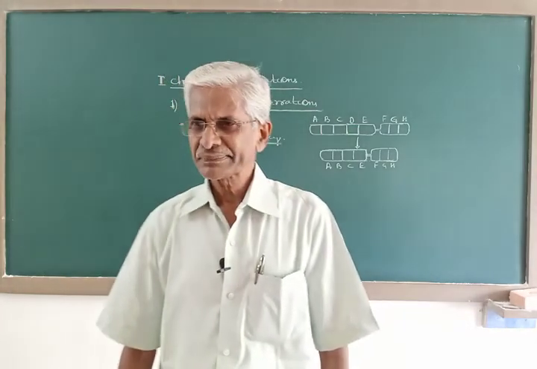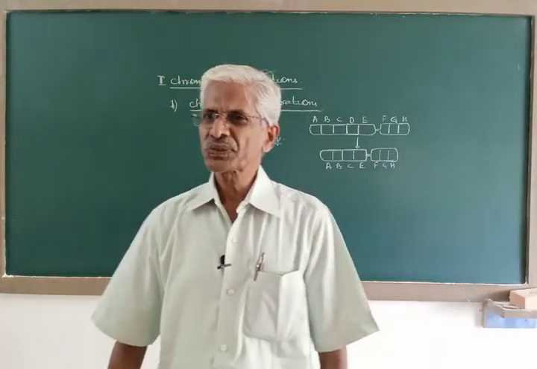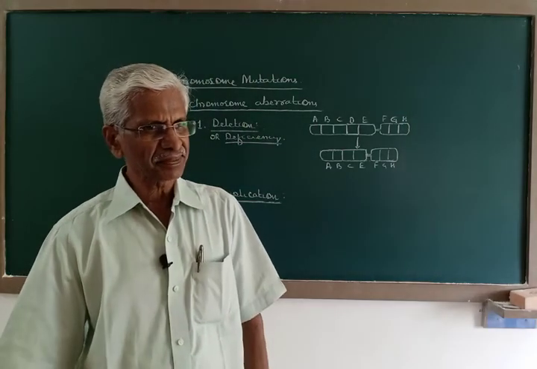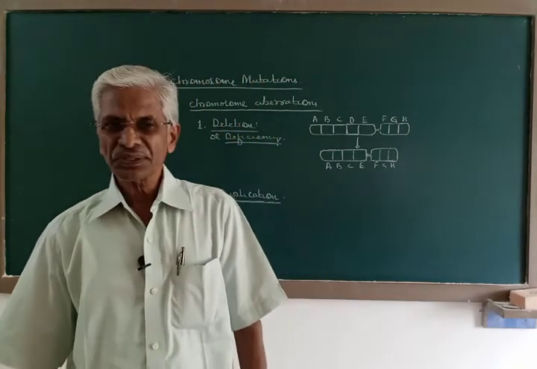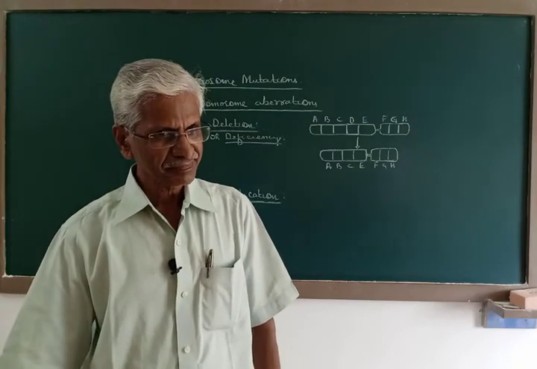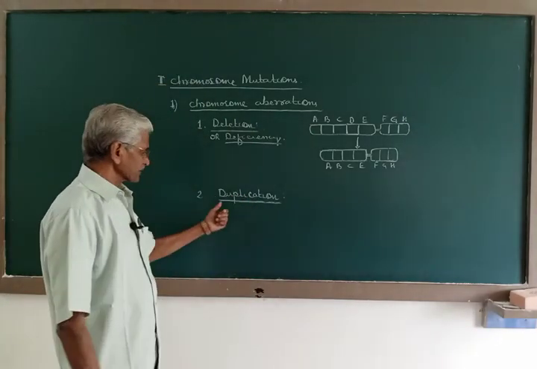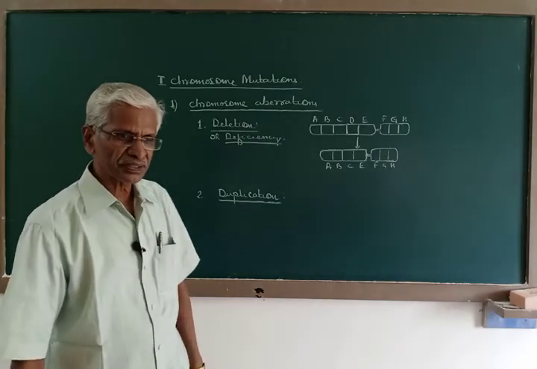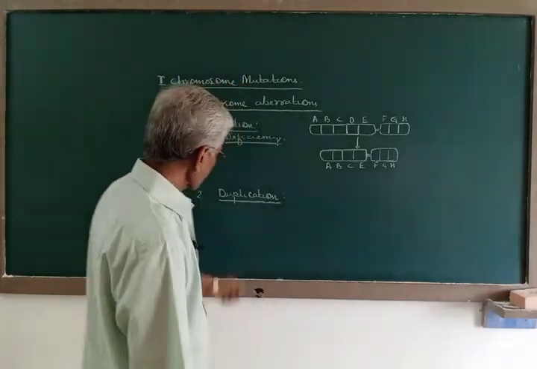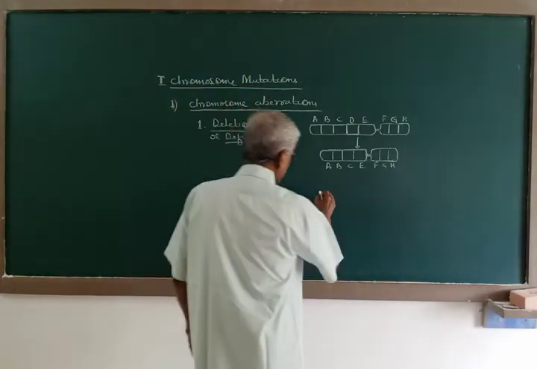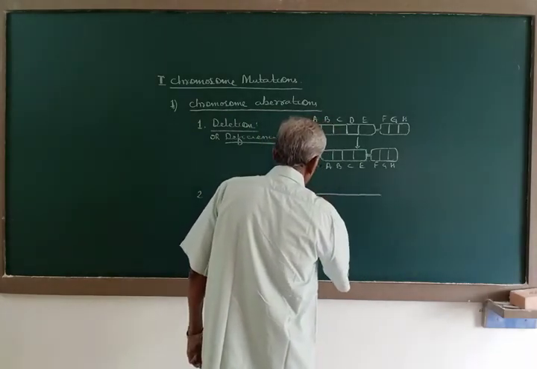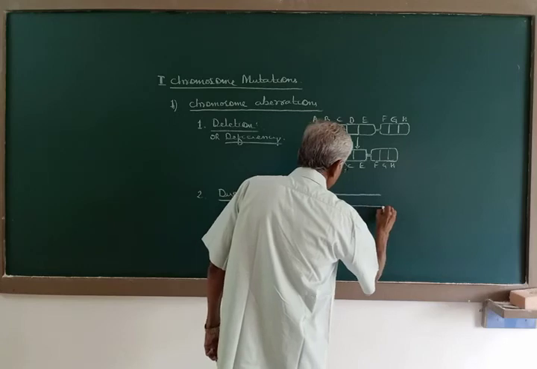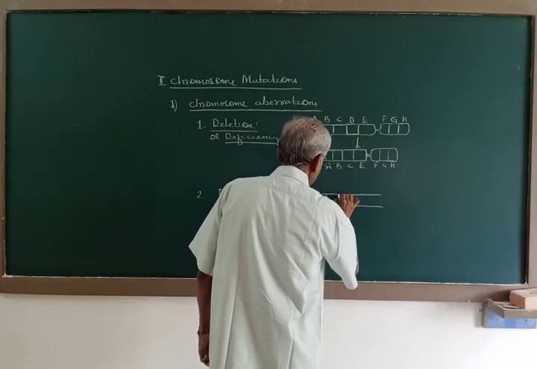So, as a result, the homologous chromosome which receives this segment will have duplication of the genes present there, and this type of aberration is called duplication. Again here, this is the chromosome.